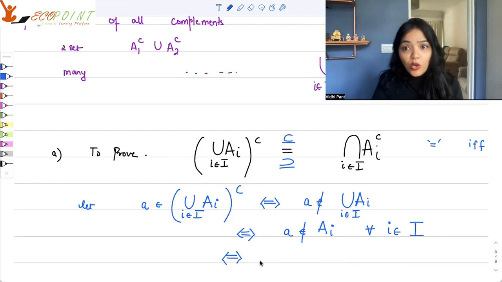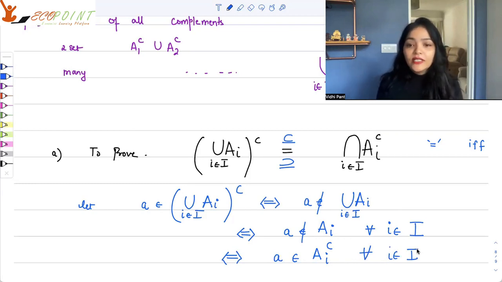If a does not belong to any A_i from this family, that means a belongs to A_i complement for every i belonging to I. It's not in any A_i, so it's in the complements of the A_i.